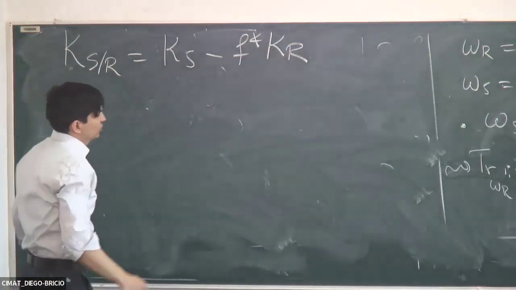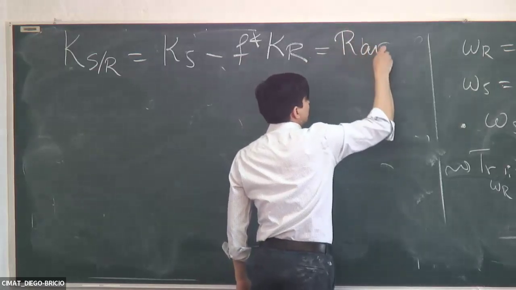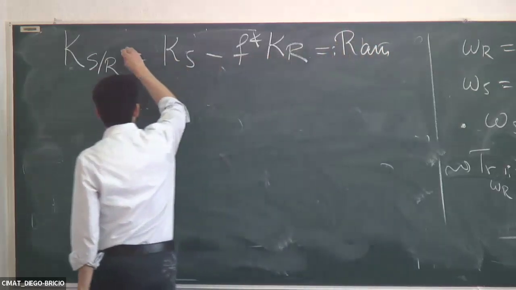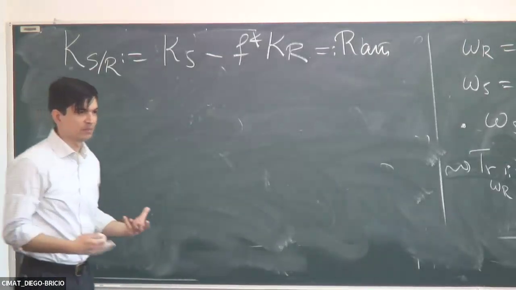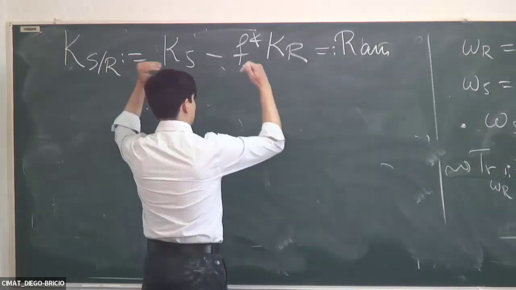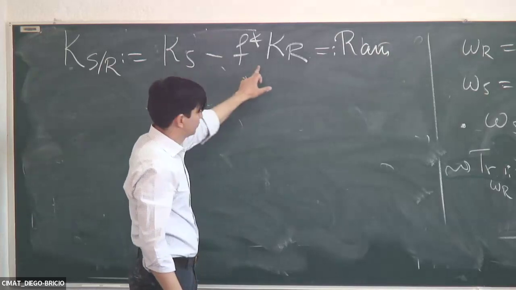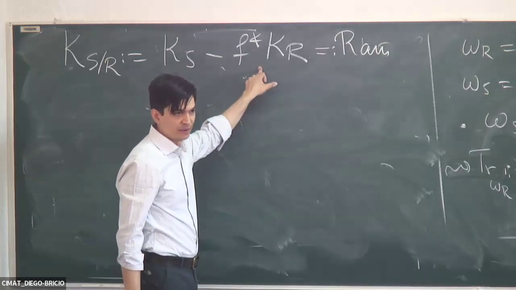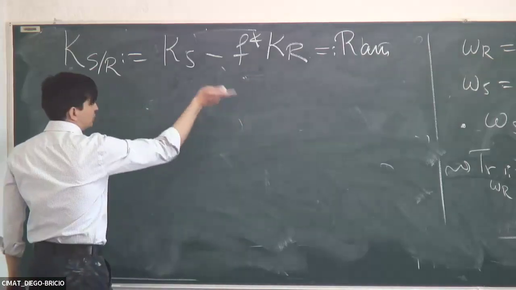And for some reason, now we're going to call it RAM. It's because in the finite case, the canonical divisor happens to be the ramification divisor. Whatever it is, let's take it to be the difference between KS and the pullback of KR. Okay? I'm going to use RAM somehow.